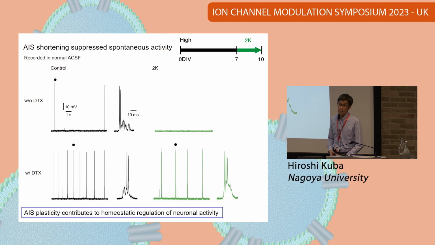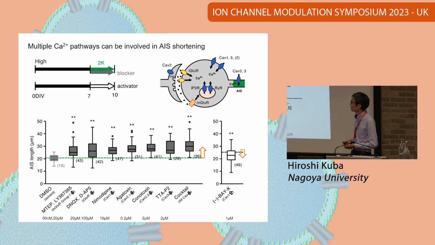This confirmed that the AIS shortening reduced the activity level of neurons through the decrease of sodium channels in the axon. Thus, the cultured NM neurons reproduced most features of AIS plasticity in vivo and should be a good model to explore the molecular mechanism of this plasticity.